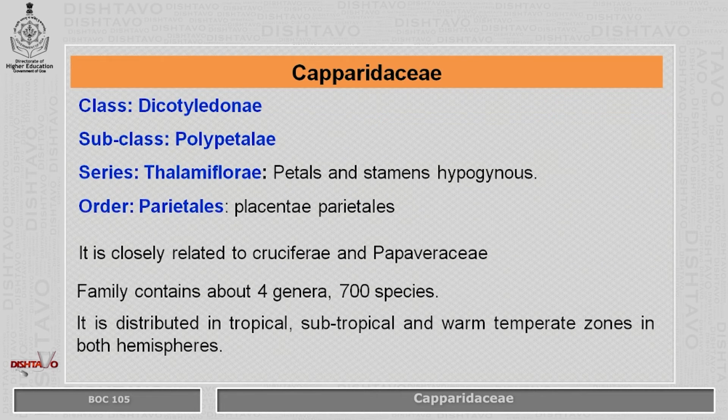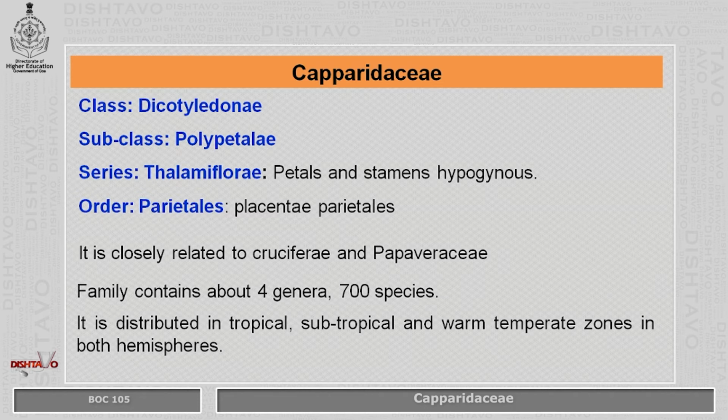Family Caparidaceae belongs to dicotyledons, subclass Polypetalae, series Thalamiflorae. The series Thalamiflorae is characterized by petals and stamens hypogynous, that means ovary is superior. Order is Parietales, which has the character that placentation is parietal.